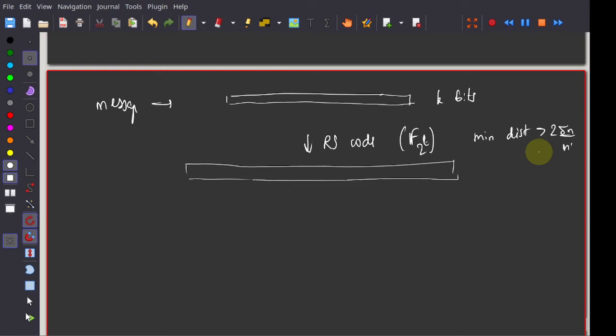Now this Reed-Solomon code consists of symbols. How many symbols are going to be there? The block length, so this is the minimum distance.